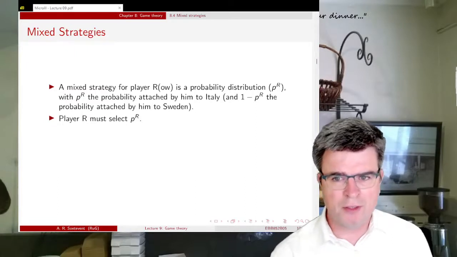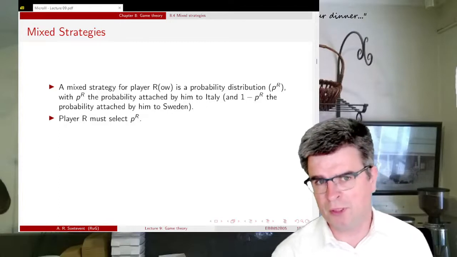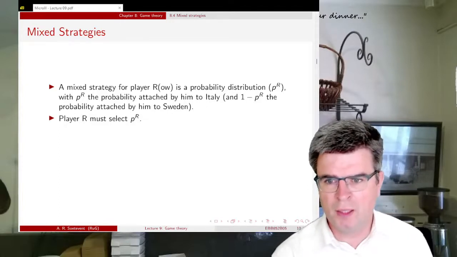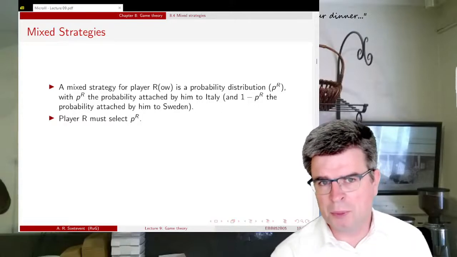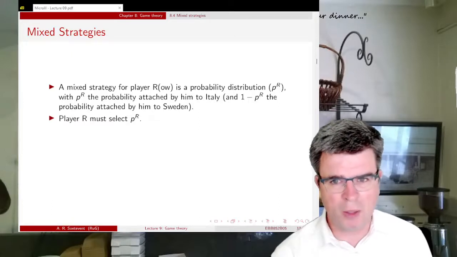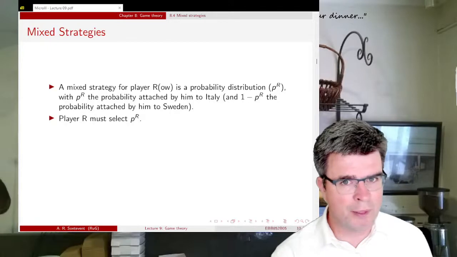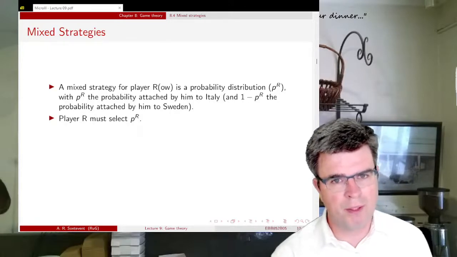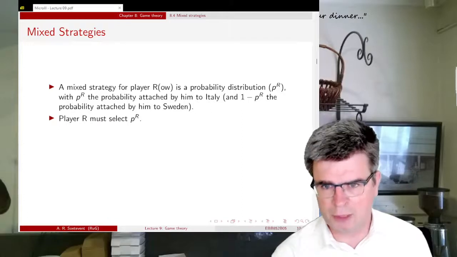So a mixed strategy for a player row is a probability distribution, because now he mixes between the two. And because we only have two actions, we can represent it by only one number, PR. And PR is the probability with which the row player will play Italy. And then with probability 1 minus PR, he will choose the other action, Sweden.